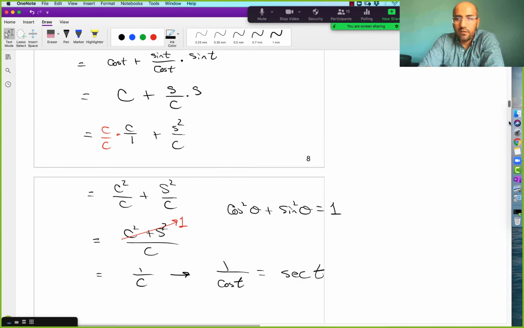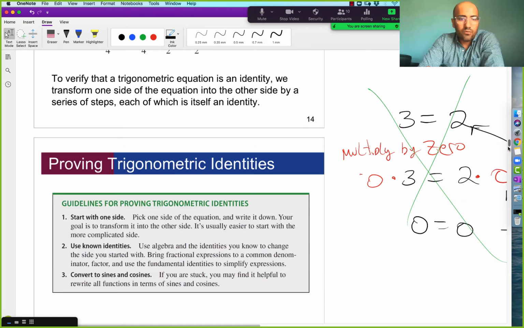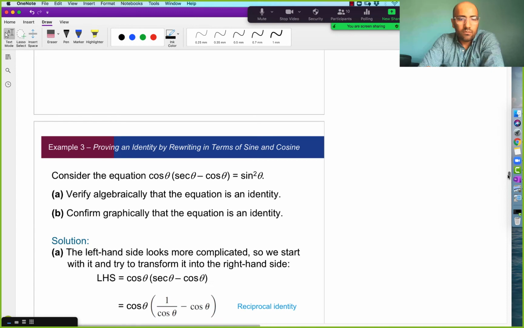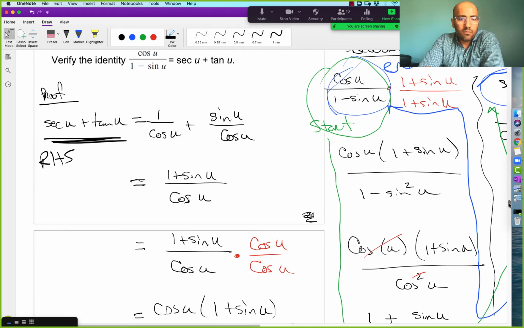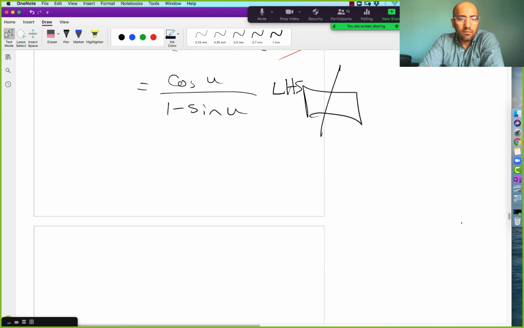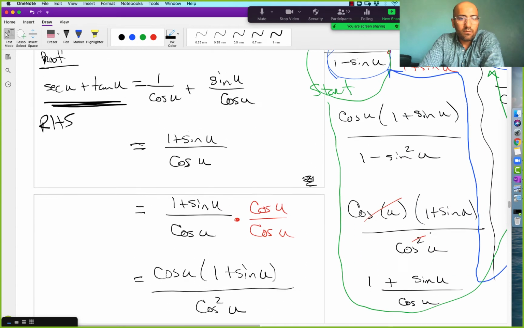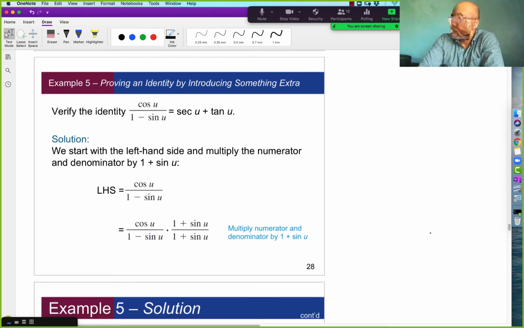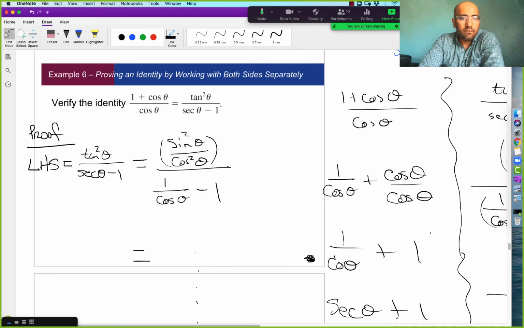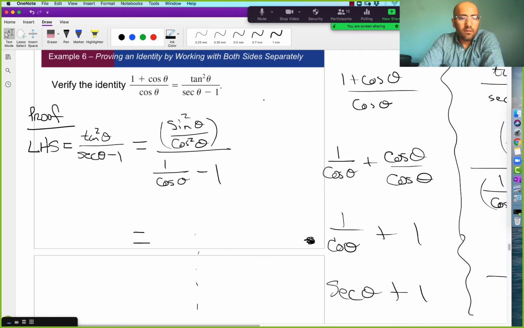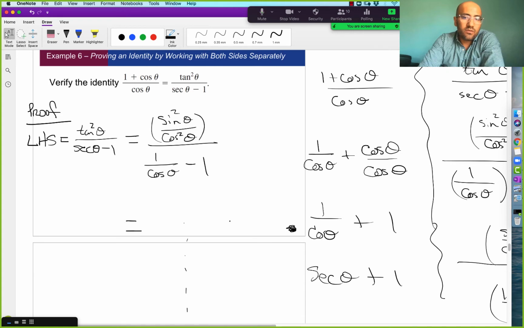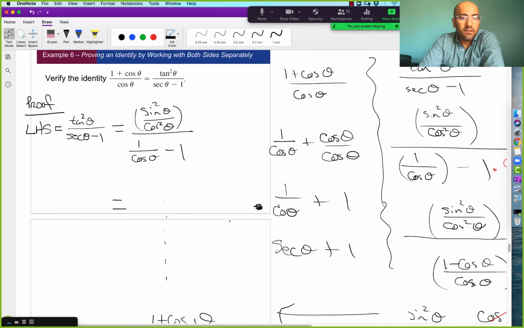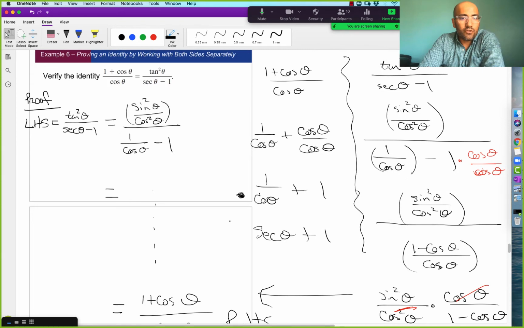Okay, let's go back to it. So we can use tangent squared plus 1 equals secant squared, and then it would have made life a little easier. Not that this proof is wrong, it's just longer than the other one, right? So there are just different ways to show that something is true.